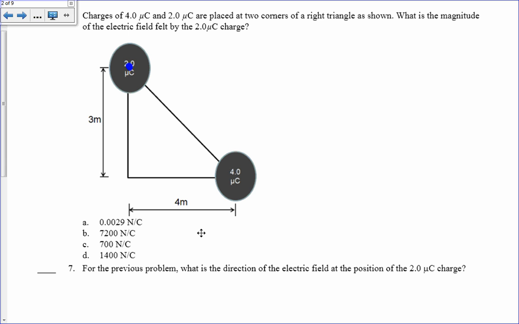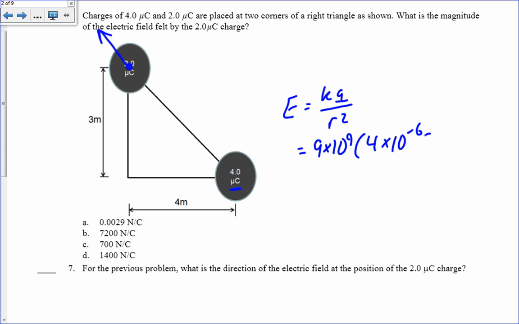So I want to know the magnitude of the electric field at that point. It points up in this direction, though we don't need that right now. The electric field at that point is equal to kQ over r squared. The electric field is due to this 4 microcoulomb charge, so that's 9 times 10 to the 9th, times 4 times 10 to the minus 6 coulombs, divided by the distance.